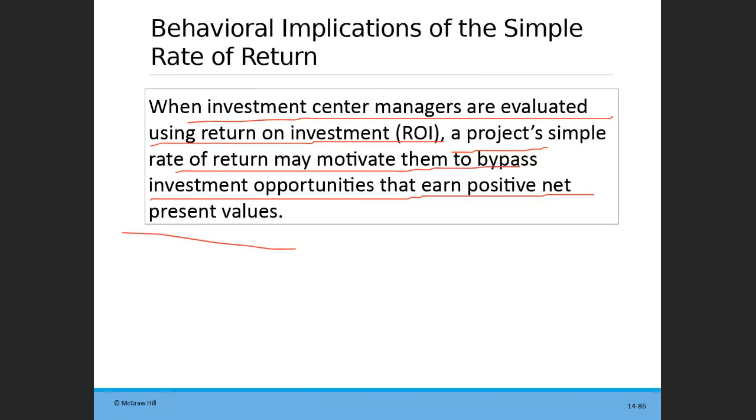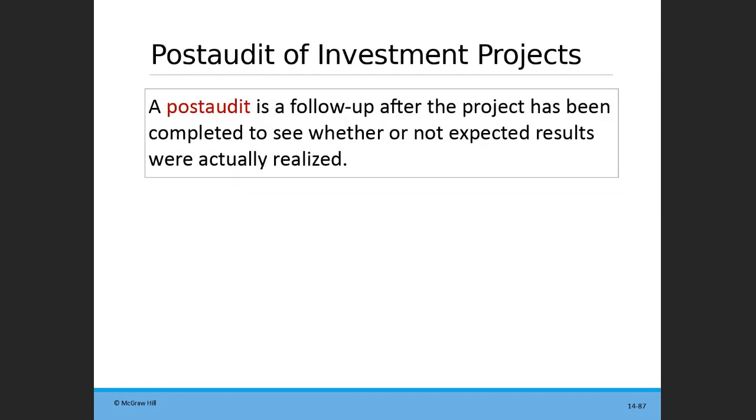So you have to be careful about using ROI, and we've already talked about that as a performance measure back in, what was that, chapter 11, I guess it was. So be careful. And of course, after a project, you want to make sure you're actually realizing the results you thought you would.